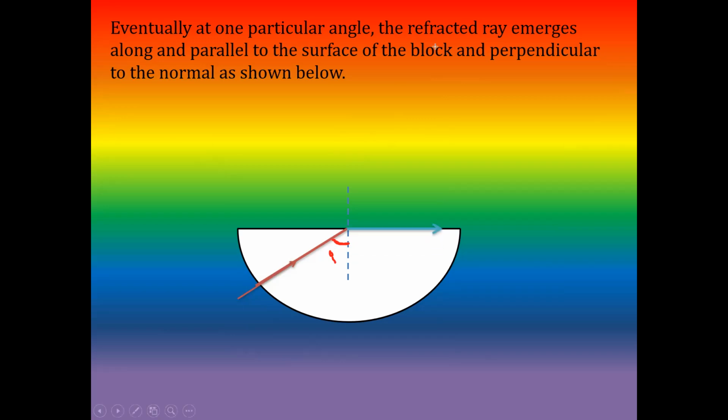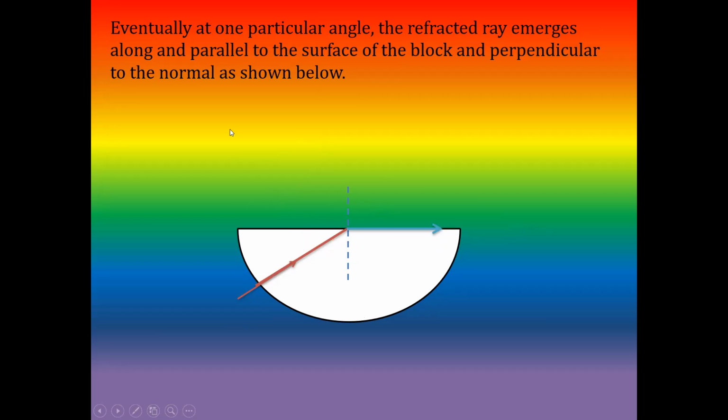So when the angle of the refracted ray is 90 degrees from the normal, this angle of incidence is known as the critical angle. So the critical angle means the angle of incidence for which the angle of refraction is 90 degrees.